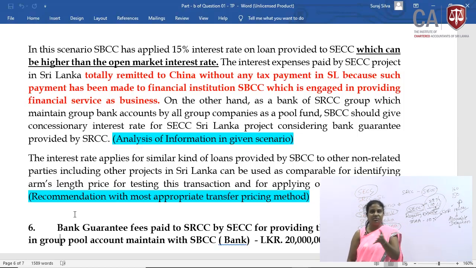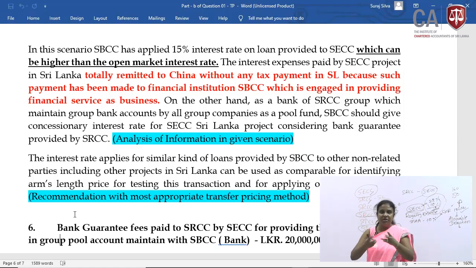The bank does not have any PE in here, then the bank is not paying tax in Sri Lanka. Then on the other hand, as Bank of SRCC Group, which maintain group bank accounts by all group of company as a pool fund, SBCC should give concessionary interest rate for SCCC Sri Lanka project considering bank guarantee provided by SRCC. This is by my common sense.